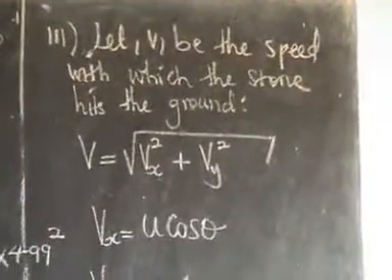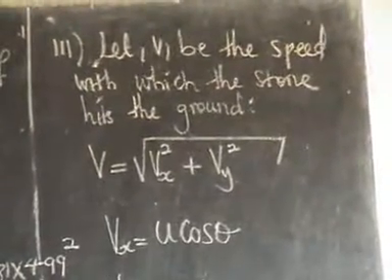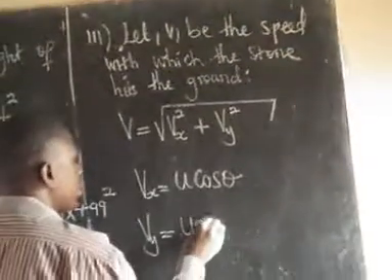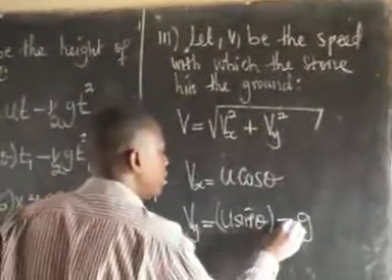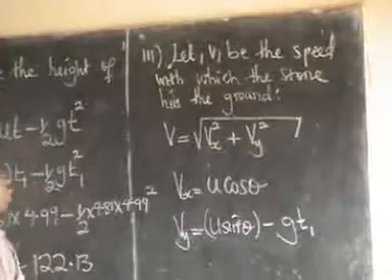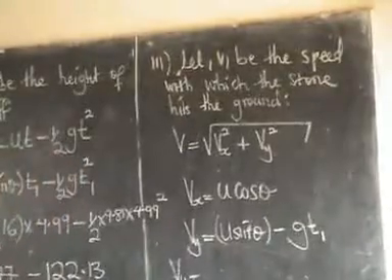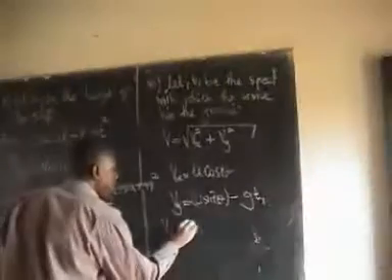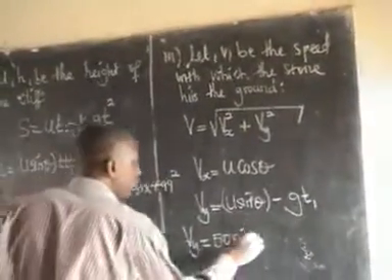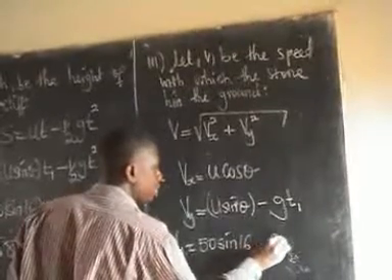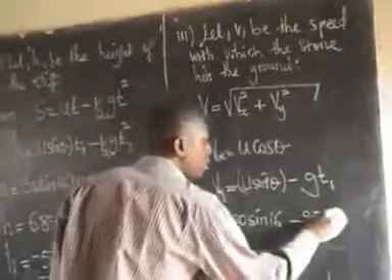So my vy will be equal to, in this case, you consider the vertical motion, v equals u plus at, so now minus g t1, where t1 is the time taken. So when you substitute, u is 50 sin theta, my theta is 16, minus 9.81 times t1, which is 4.99.